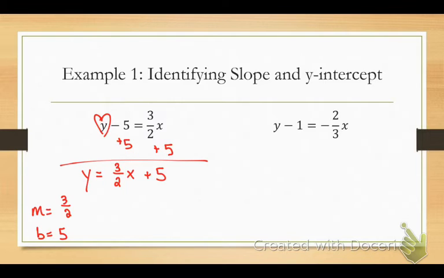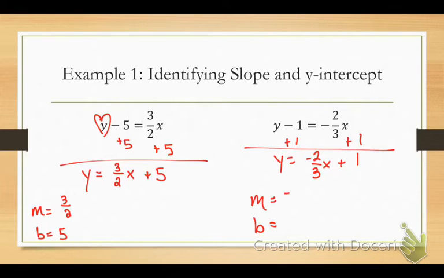I'm going to be walking around to check on your papers. I want you to solve for y and then write your m equals, b equals. Okay, so when I'm walking around, I'm looking for your answers. What did you guys do to get y by itself? Add 1 to both sides. Okay, looked really good as I was walking around. -2/3 x plus 1.